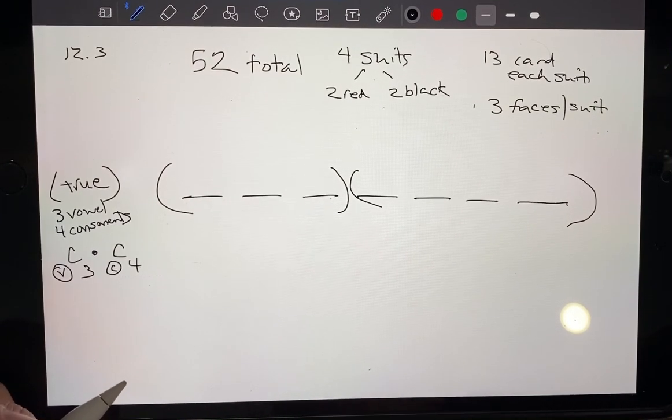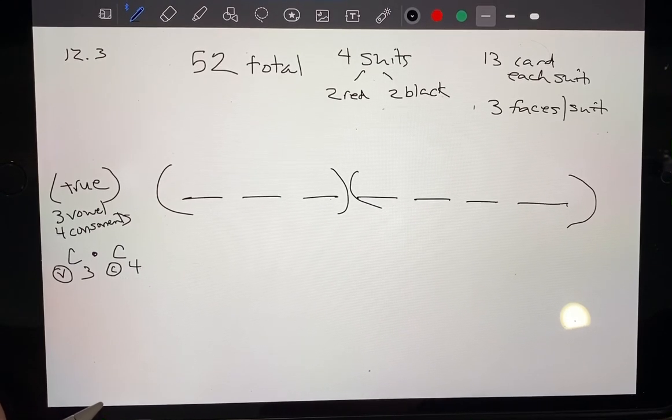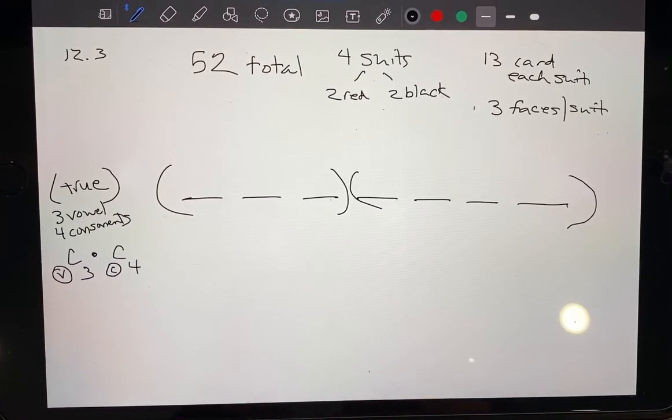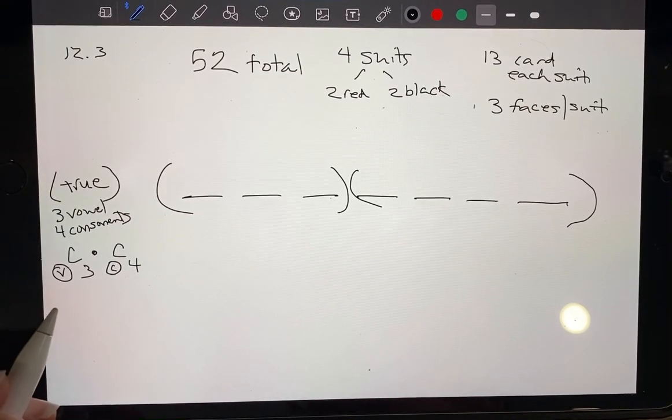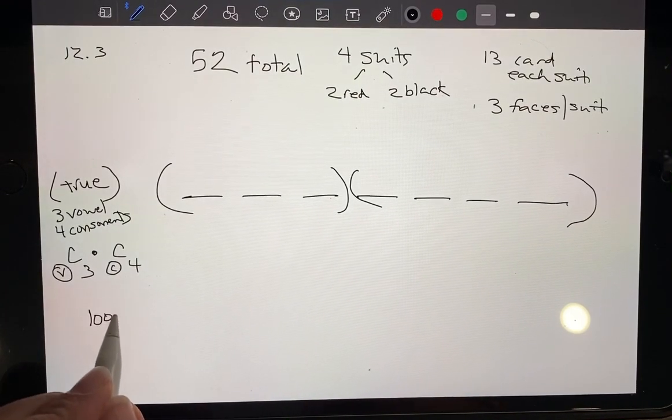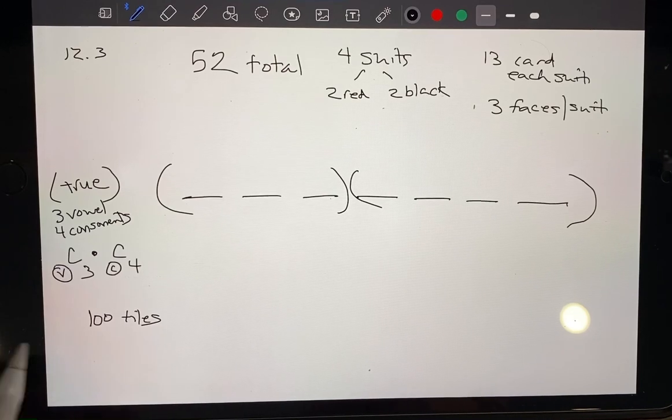You'll need to add up the tiles, the number distribution of letters for A, E, I, O, U, and Y, and find out how many there are there. And then add up the other ones. And then what you will also find is that the total number of tiles is 100. So you have 100 tiles in the box or the bag that you can pick from.